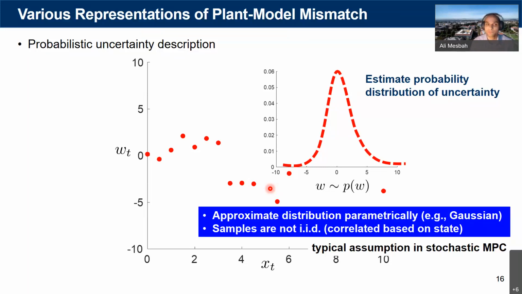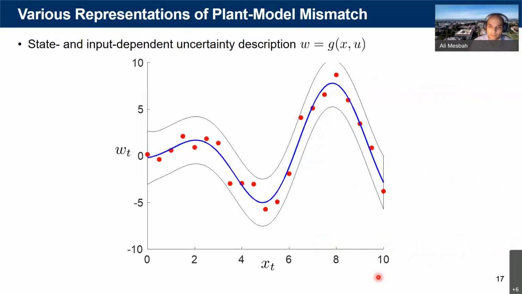This would give you a probabilistic uncertainty description that can be used to partly mitigate the inherent conservatism of robust decision making, in which you only use the worst-case view of uncertainty. So this is again a typical assumption in probabilistic or stochastic decision making. But what we want to advocate in this talk is to take a completely different view of these uncertainties.